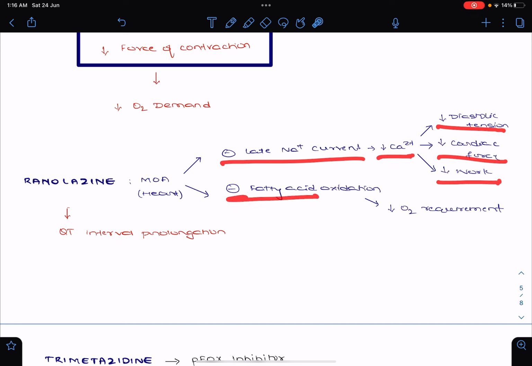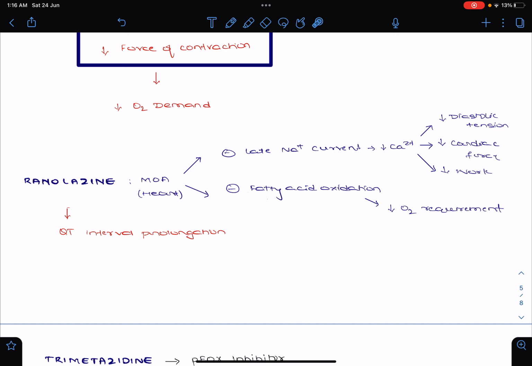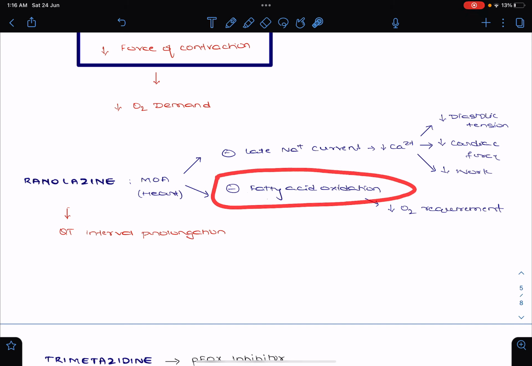On the other hand, it also inhibits the fatty acid oxidation in the myocardium, thereby it will decrease the oxygen requirement. So one negative aspect about ranolazine is it can cause QT interval prolongation. And since it inhibits the fatty acid oxidation, they are also called metabolic modifiers.